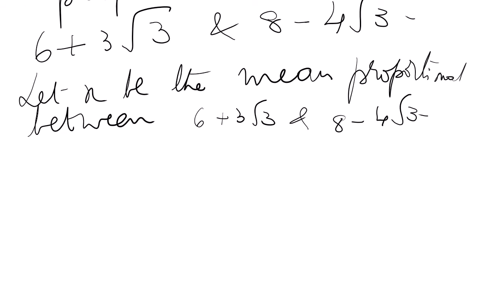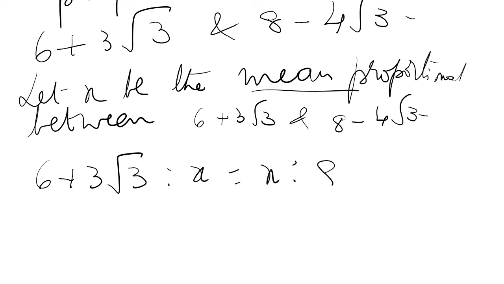So what we will have then: 6 plus 3 root 3, middle one, okay, mean means middle one, is equal to x is to 8 minus 4 root 3.